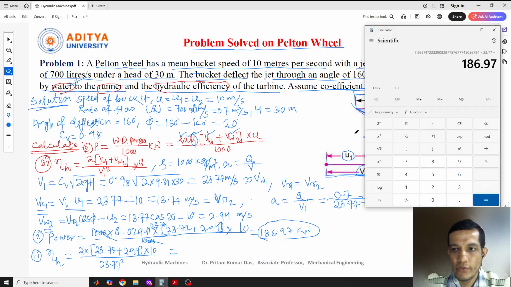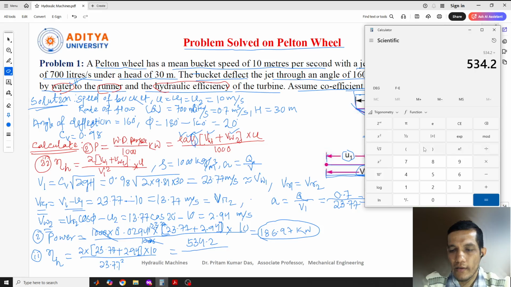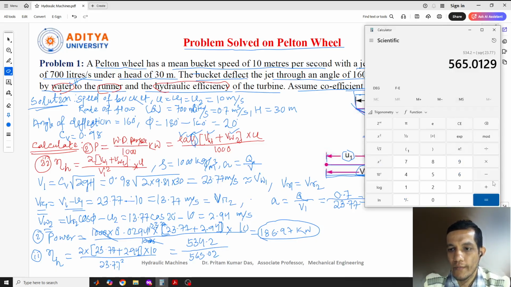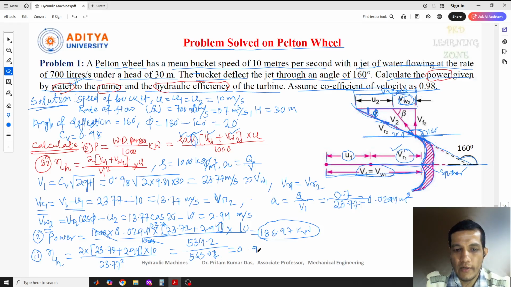So 23.77 plus 2.94, into 10 into 2, equals 534.2, divided by 23.77 square, which is 565.01. Finally we got 0.9454.